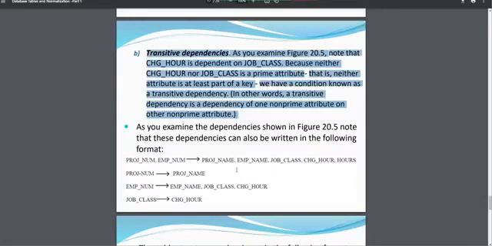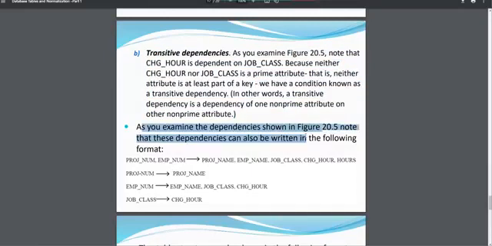That's why understanding these concepts is important. By looking at a table, you should be able to understand what normal form that table is currently in. Look at these things. We discussed these as we examine dependencies.